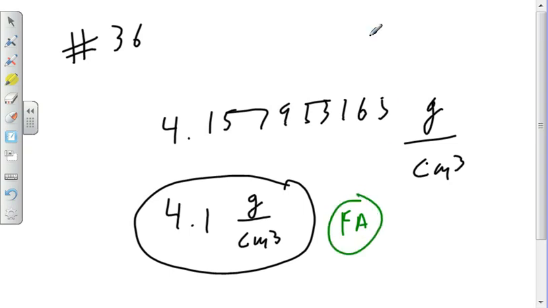And I'd probably round this up, wouldn't I? Yes, I would. I'd call it 4.2. I most certainly would do that.